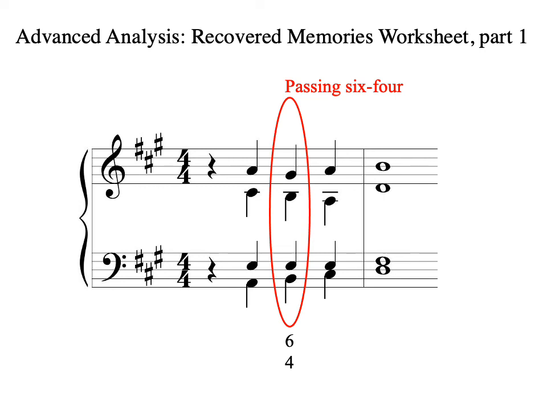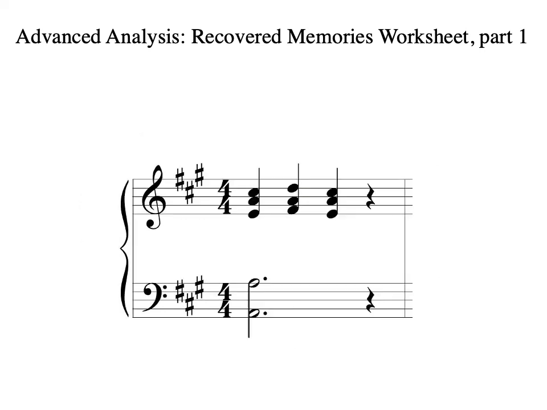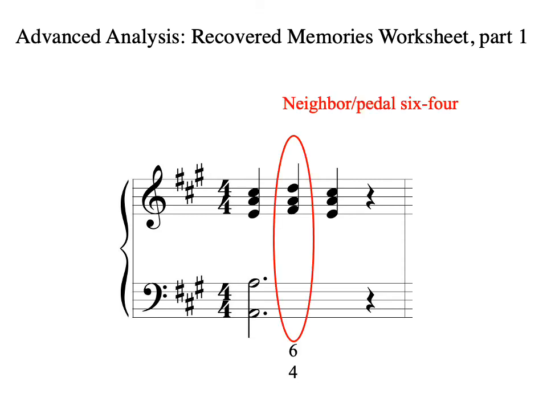And let's talk about the final 6/4 chord type that we need to be concerned with. The so-called neighbor 6/4 chord or pedal 6/4 chord. Call it a pedal 6/4 chord because when you hear it, the bass line usually doesn't move. It stays on the same pitch throughout. Like happening here.